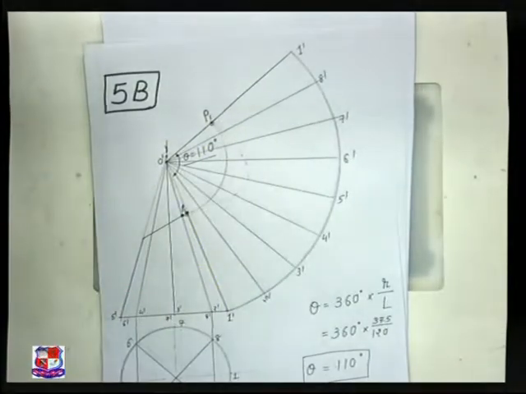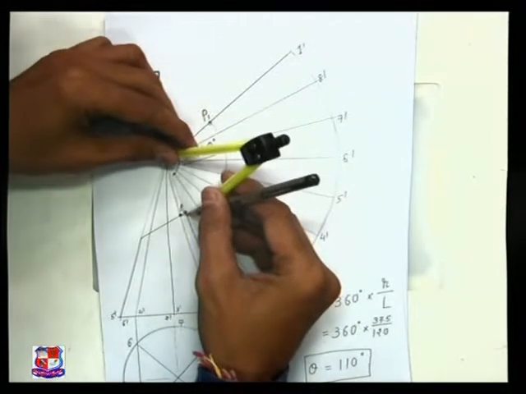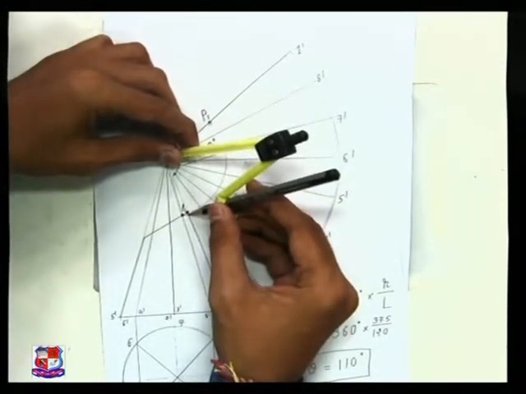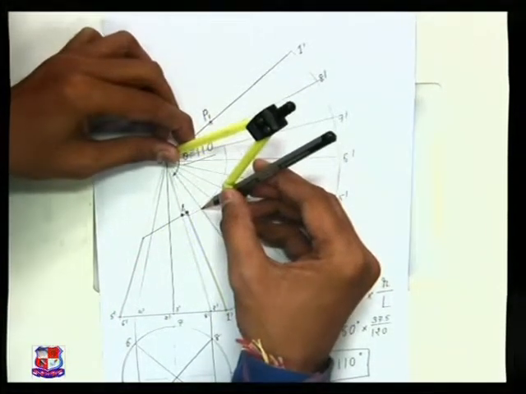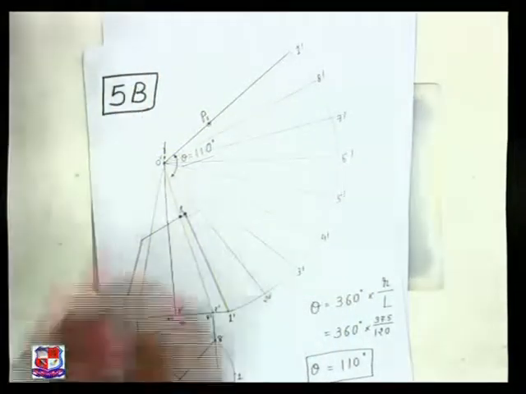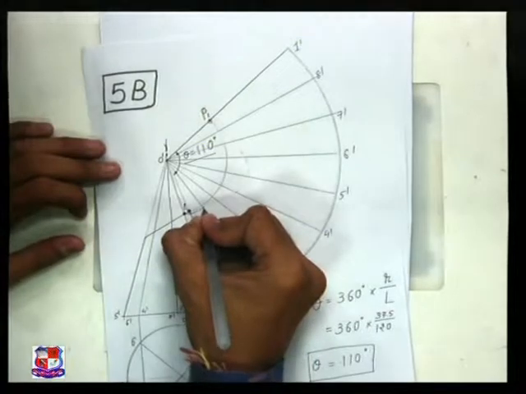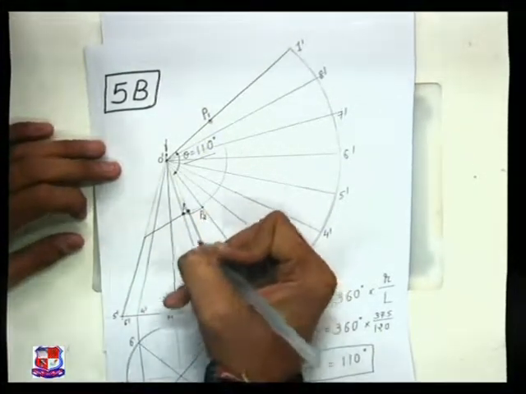Then take O dash as a center, O dash to this point as a radius, which is on O dash 2 dash like this, and from that draw an arc. So that arc would appear like this, right? Draw an arc that will cut O dash 2 dash at one point. This is O dash 2 dash, at point, say, this is point P2.